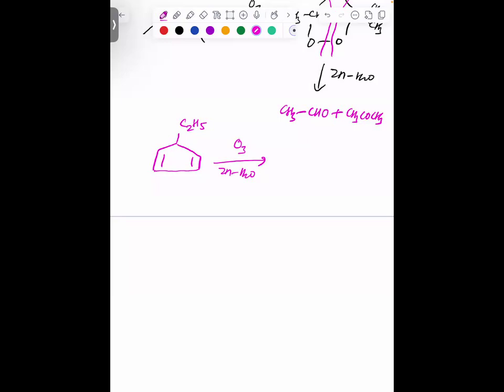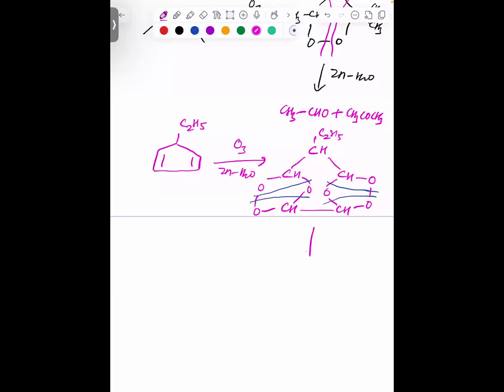Okay, let's see. Then how will the ozonide dissociate? So how many products will be formed finally?